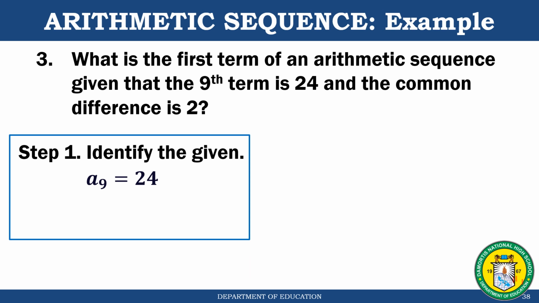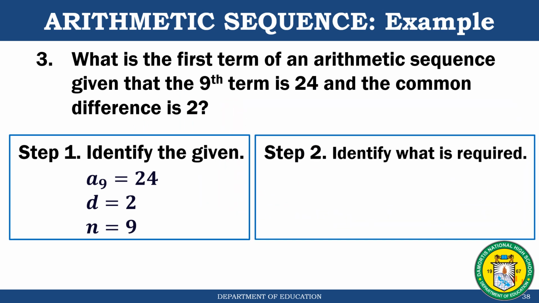What's next? Yes, the common difference is 2, so it's denoted by letter d. Correct. Then what is n? Okay, 9. Why 9? Because of the words 9th term in the given statement. Then identify what is required. We are looking for what? Yes, we're looking for a sub 1 because of the words first term. Correct.